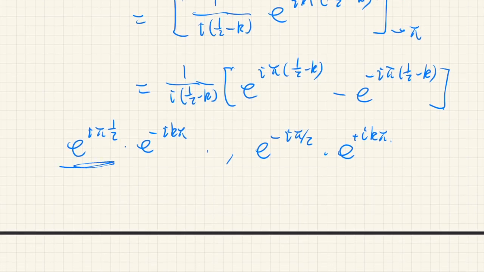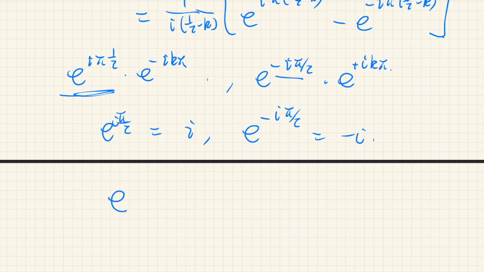Okay, so this one, exponential of i pi half is equal to, that is i. And this one, exponential of negative i pi half is equal to negative i.